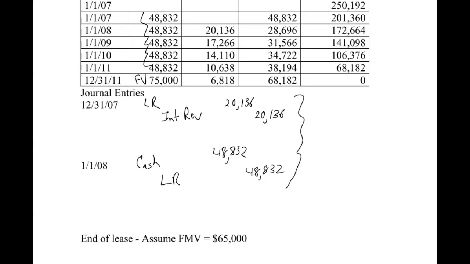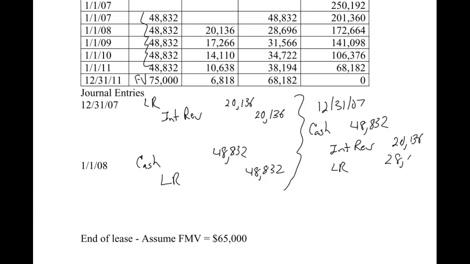Now, once again, just to be consistent with how I've done the other one, if the payment date was 12/31/07, not the next day 1/1/08, you would just combine those journal entries. Cash 48,832. You would have interest revenue for the 20,136, and then you would have the reduction of the receivable for 28,696.